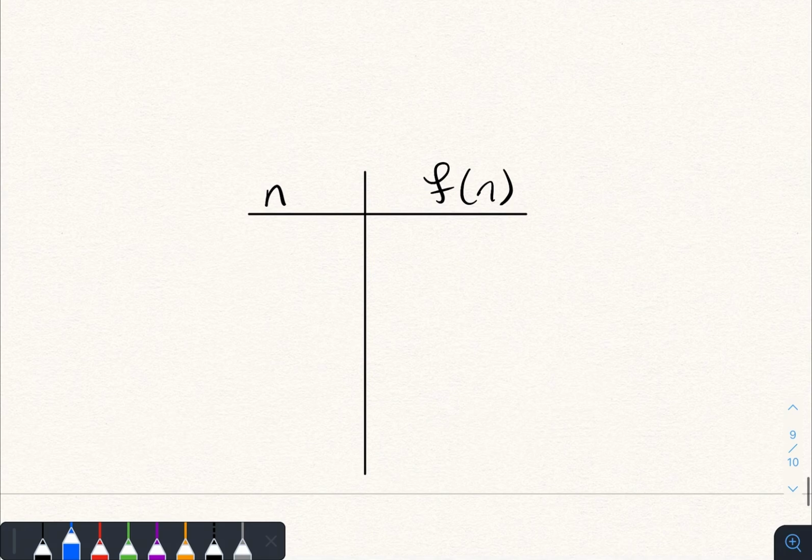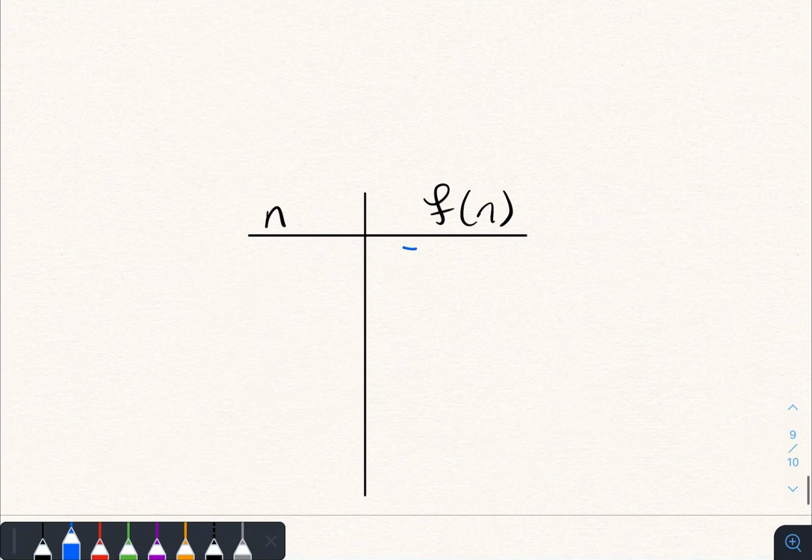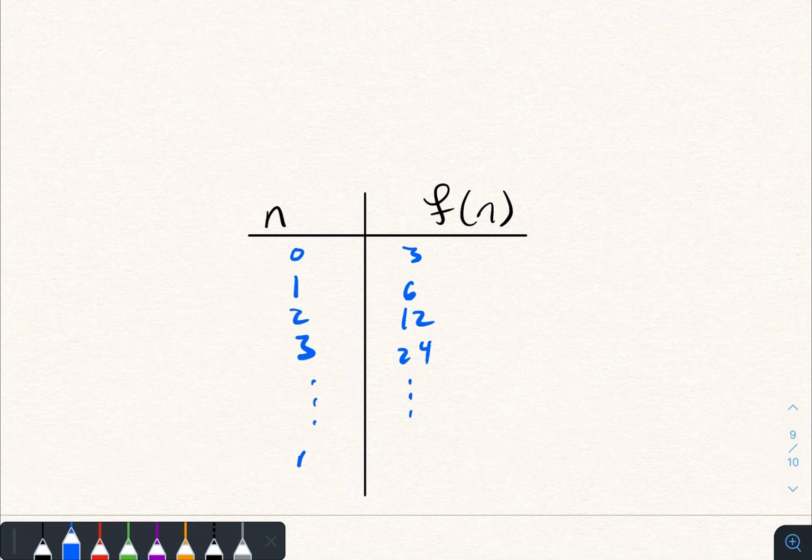So putting this in a table, let's do the 3, 6, 12 one, 3, 6, 12, 24, and so on. So we'll call 3 our n equals 0 term. We'll call 6 our n equals 1 term. This is 2, this is 3, and so on. And what would our nth term be?